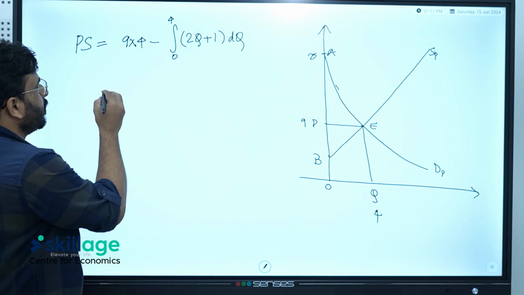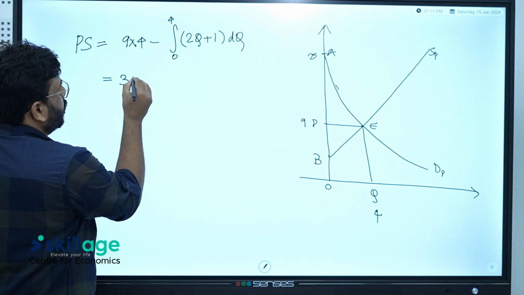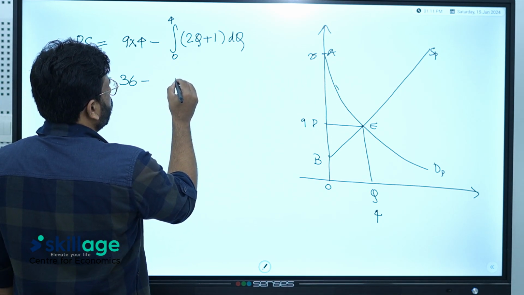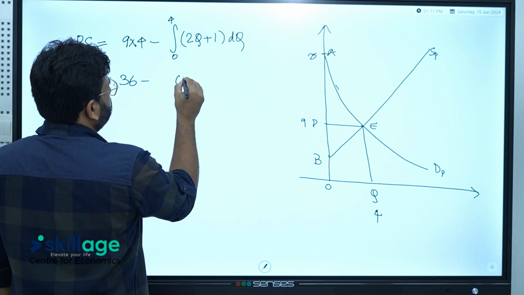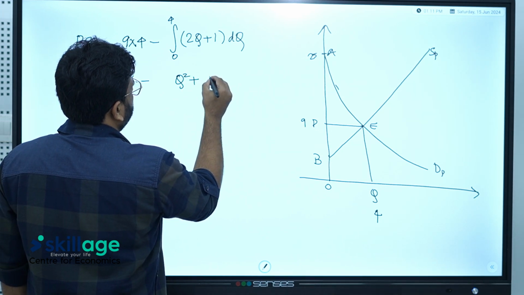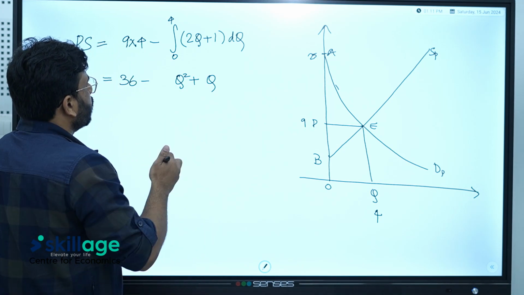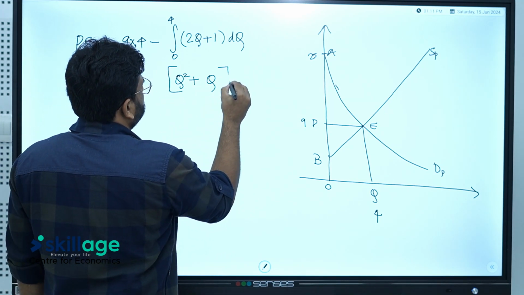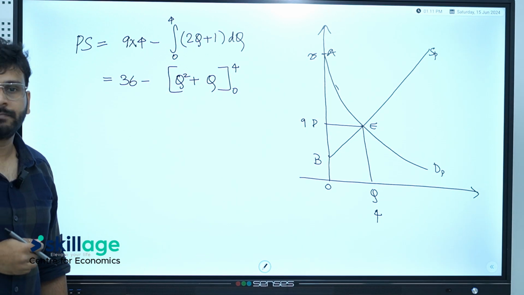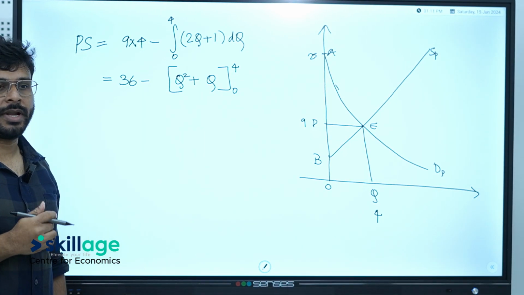Now, let us see what the value will be. 36 minus the integral.